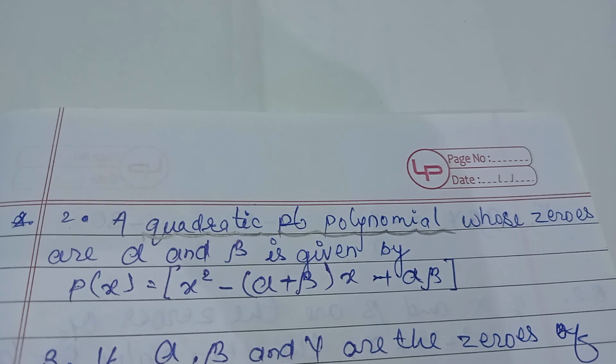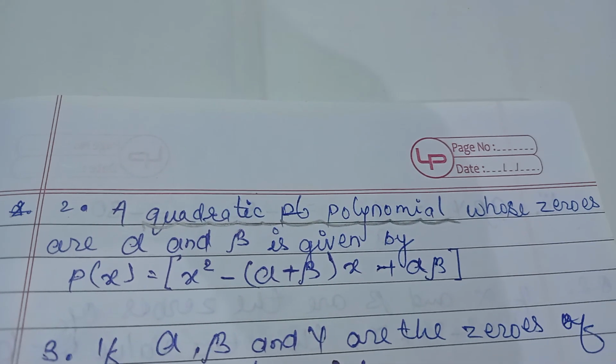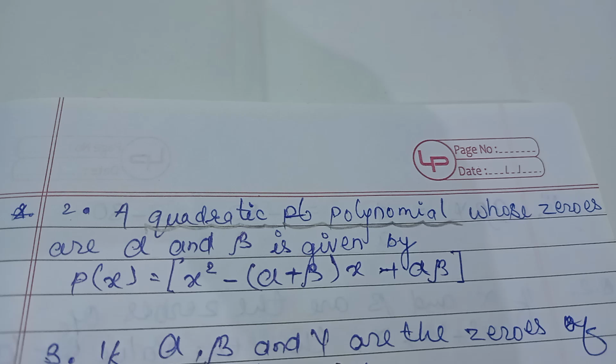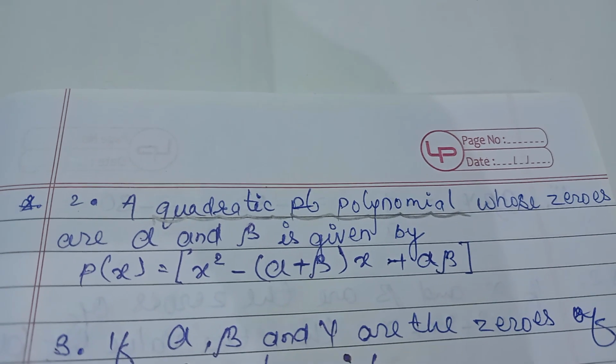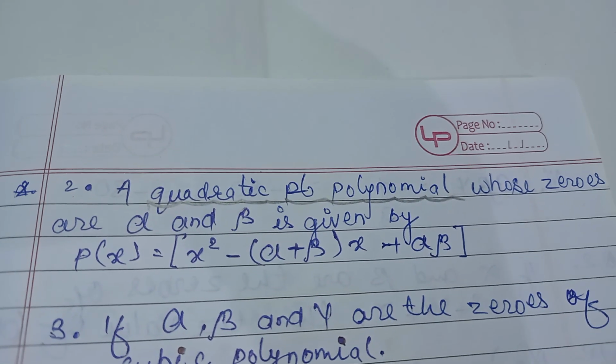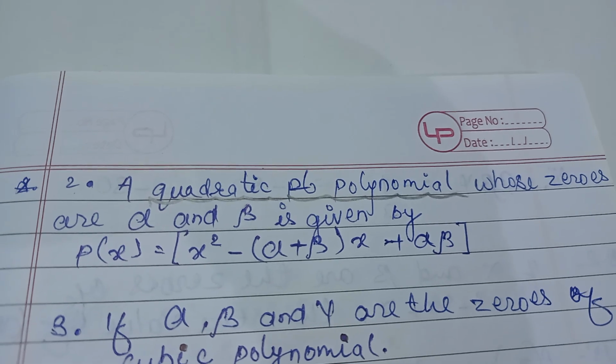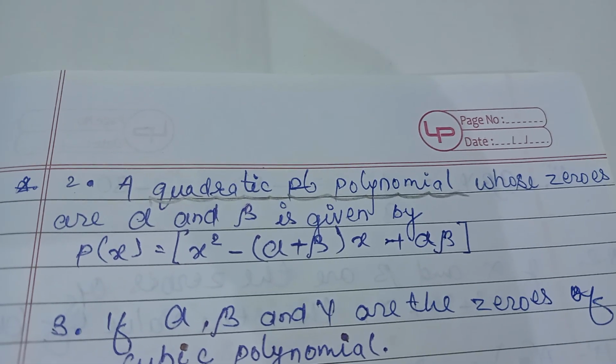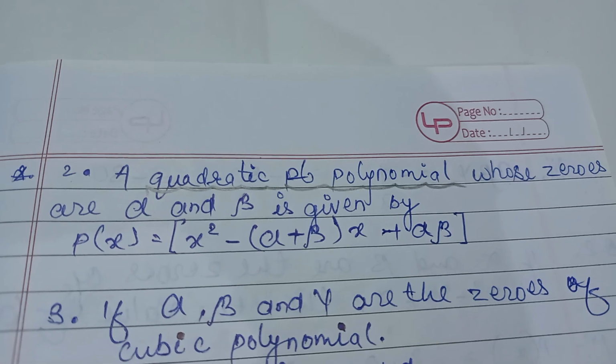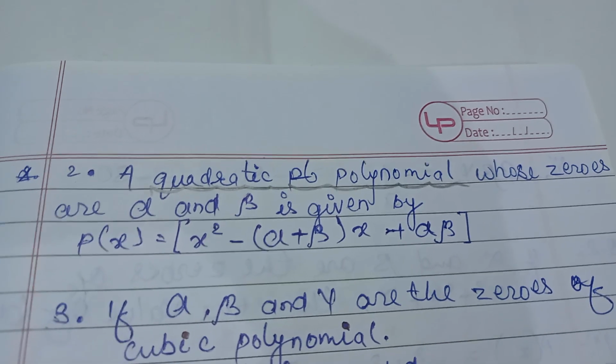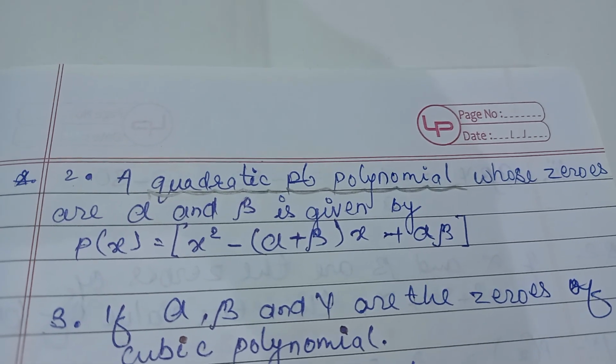Second, a quadratic polynomial whose zeros are alpha and beta is given by p(x) = x² − (alpha + beta)x + alpha beta.